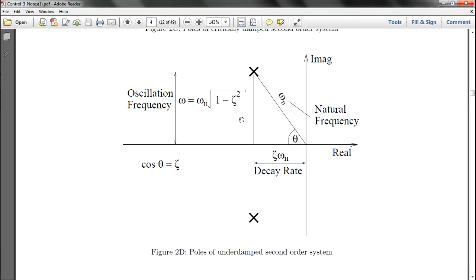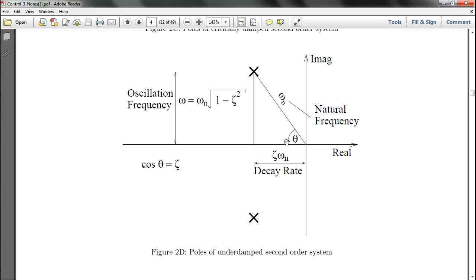And therefore, another question before I end this video: what if you want to plot the poles for this thing? How do you plot? These are the two equations, and a few points you can take note of. Cosine theta equals the damping factor. Since you know the damping factor, you can arc cosine it to get the angle itself.